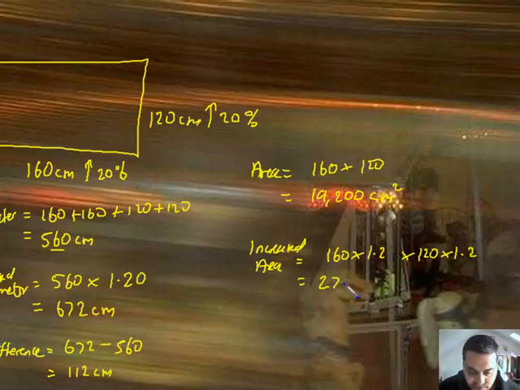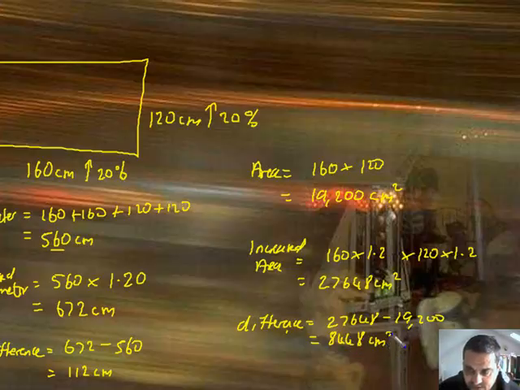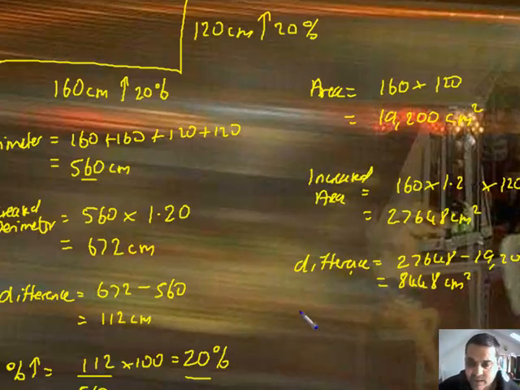So I have got 27648 centimeters squared. So the difference is going to be 27648, take away my original area, 19200. That gives me 8448 centimeters squared difference.